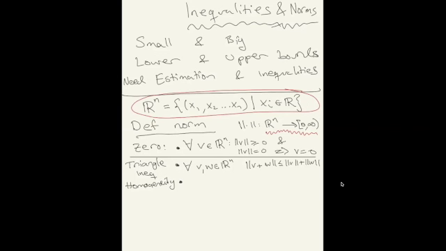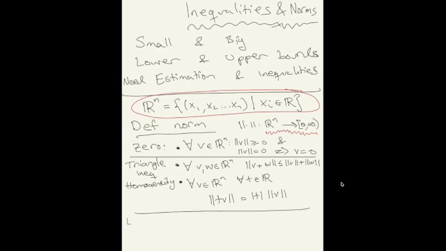And the homogeneity states that for every vector and every scalar, if we multiply it or reflect it, this can have either a positive or negative sign, then the norm of that multiplied vector will just be the absolute value of the scalar times the norm of v. You have to have the absolute values because the quantity has to remain positive.